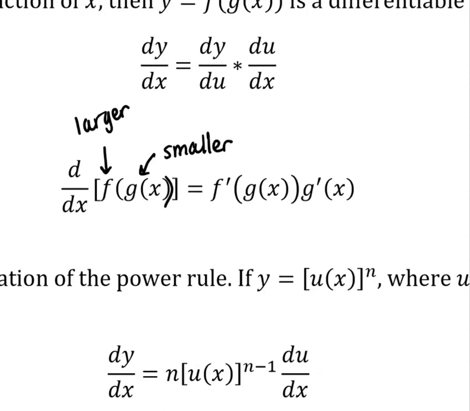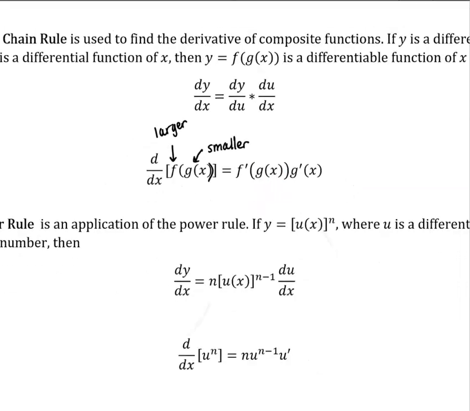I use those words very loosely and informally, in the sense that the smaller function is the one going inside of the bigger function. So what it tells us to do is to take the derivative of the large function, plug in the small function, and then multiply by the derivative of the small function.